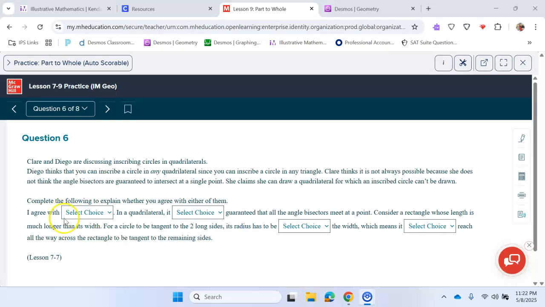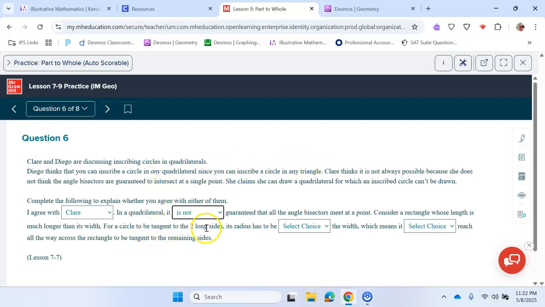I agree with Claire. In a quadrilateral, it is not guaranteed that all angle bisectors meet at a point. Consider a rectangle whose length is much longer than its width.